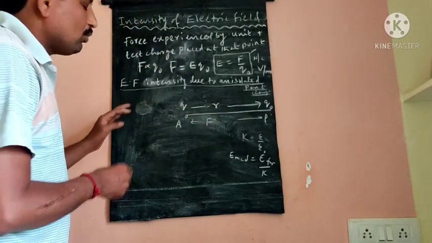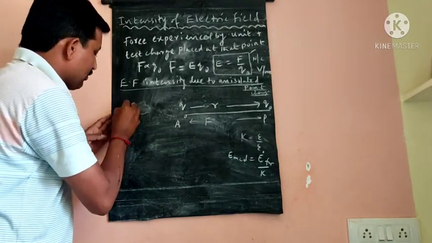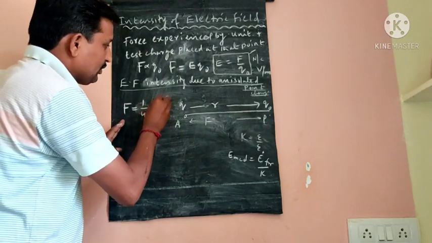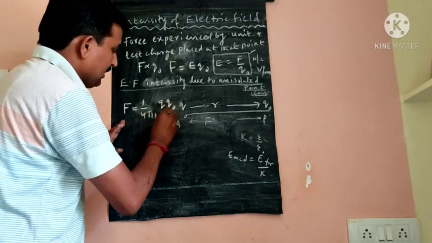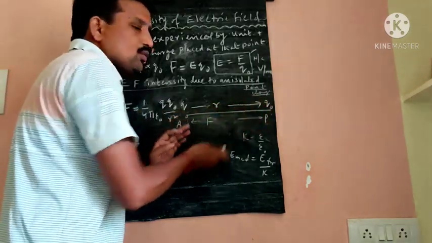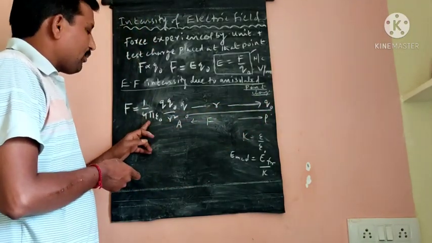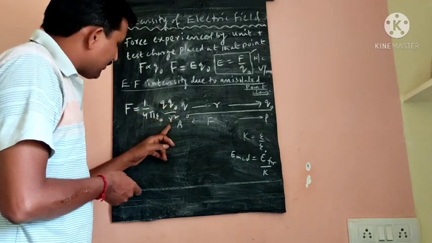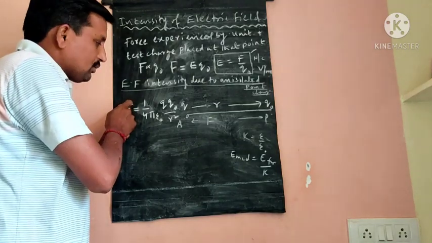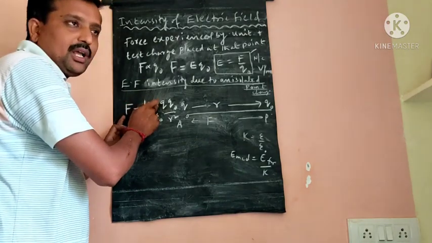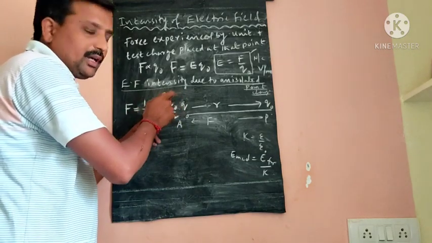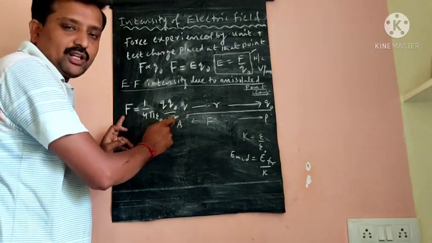According to Coulomb's law, F is equal to 1 by 4 pi epsilon naught Q Q naught by R square. The electric force, the Coulomb force, is directly proportional to the product of their magnitudes Q and Q naught and inversely proportional to the square of the distance.